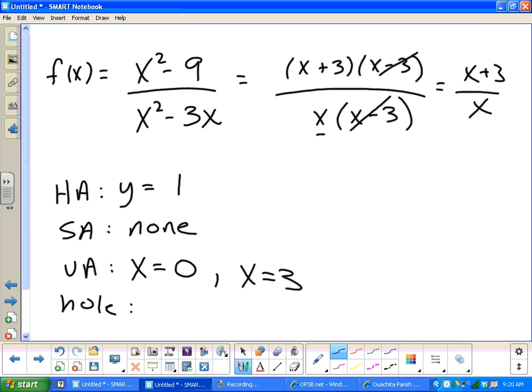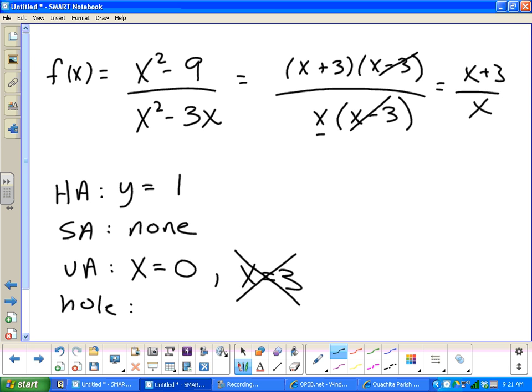Would I have a vertical asymptote at 3? No. Even though 3 would make it undefined, what happened is the x minus 3 canceled out. So instead of a vertical asymptote at 3, you would have a hole at 3. Okay? All right, does that make sense? Because the x minus 3's canceled out. So when they cancel out, that's what's going to give me a hole.